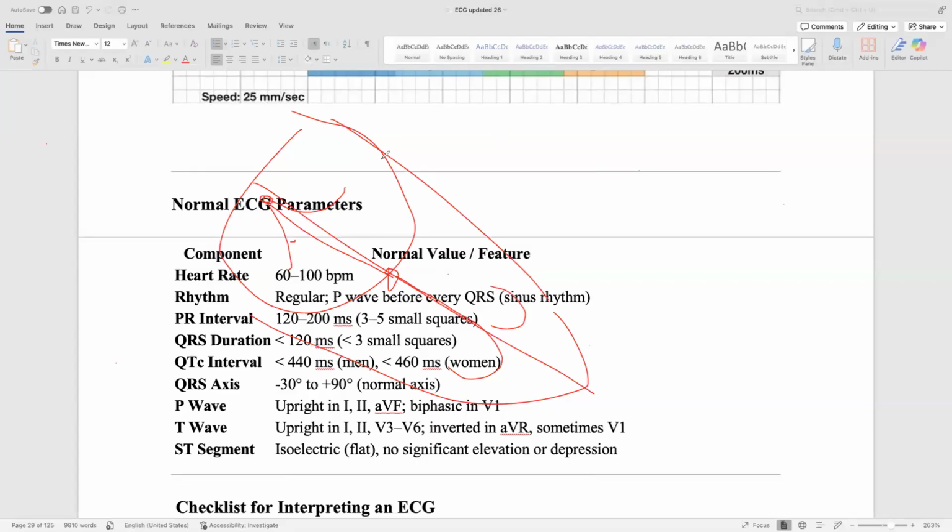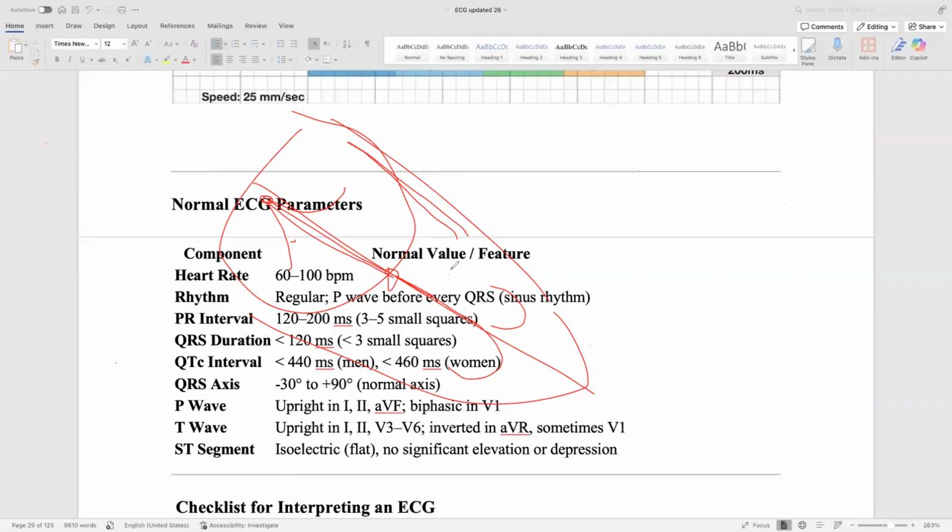In WPW syndrome, there is an accessory pathway called the bundle of Kent. It is fast, transmitting the electricity from the atrium to the ventricle faster than the time taken by the bundle of His. The time is shorter than 120 milliseconds. Why?